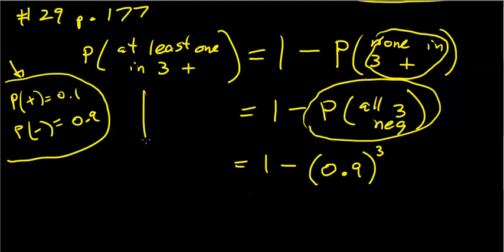So the probability of at least 1 in 3 positive is going to be 1 take away this quantity. So I can punch this out on my calculator very easily.